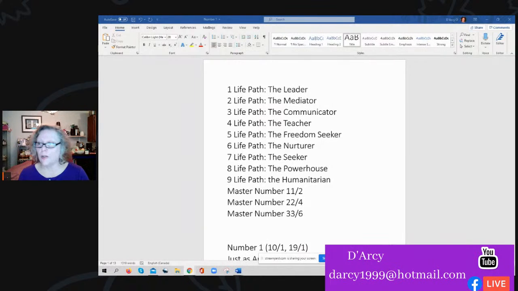And that makes you a 6 for life path. So when we look at it, 1, the leader, 3, the communicator, 11, master number, which becomes 2, which is mediator, and 6 is the nurturer. And did I forget 1? Nope, I got them all. Oh, and 1, yeah, no, I did 1.